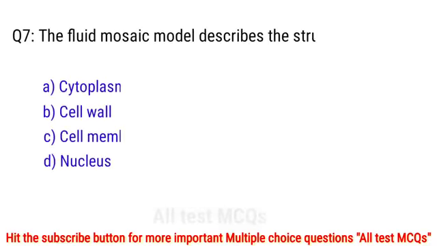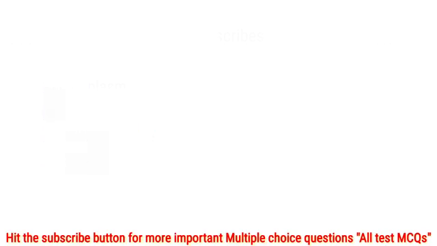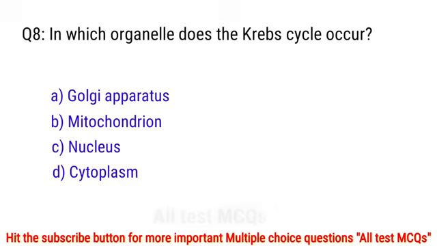Question number 7. The fluid mosaic model describes the structure of the. The right answer is option C, cell membrane. Question number 8. In which organelle does the Krebs cycle occur?